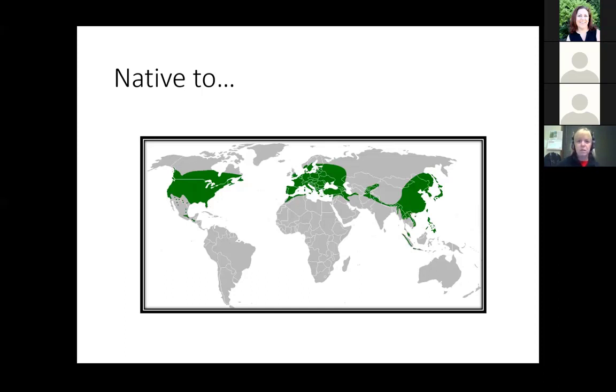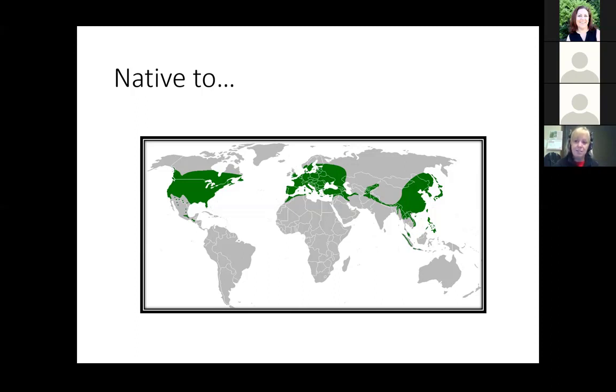So this would be one example of something that maybe in the green you can see the plant or the insect is found in these locations. And so while the United States is pretty much covered and parts of Europe and into China, the geographic location is obviously very different.